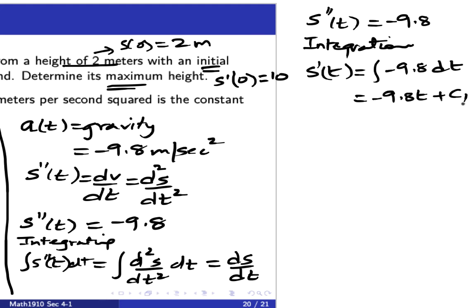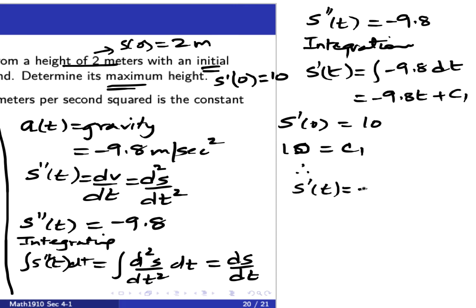Now remember, we have to find c1, the constant of velocity. What is given to us is that s prime of 0 is 10. When we substitute it over here, we get s prime of 0, which is 10, equals c1. Therefore, s prime of t is minus 9.8 t plus 10.